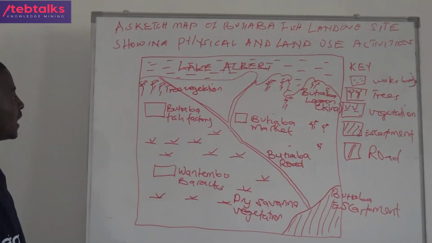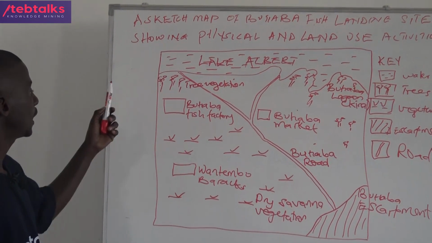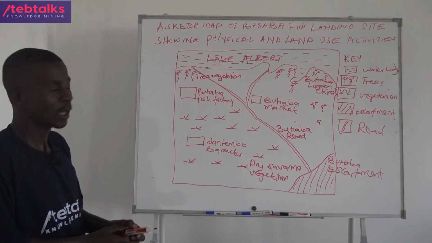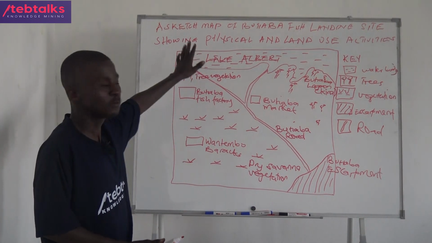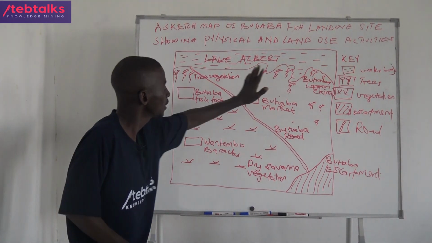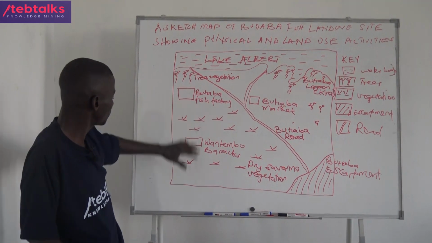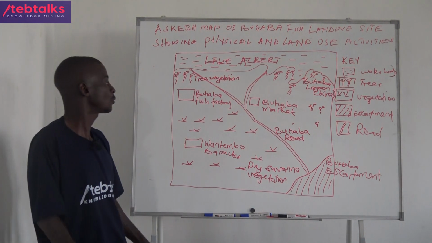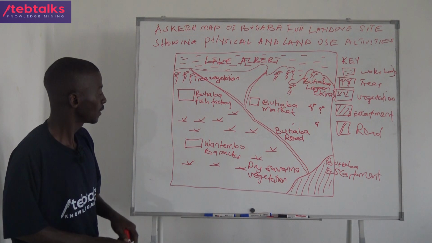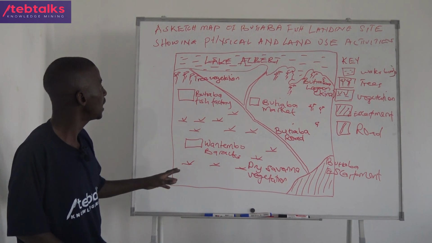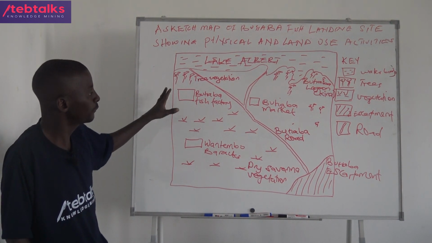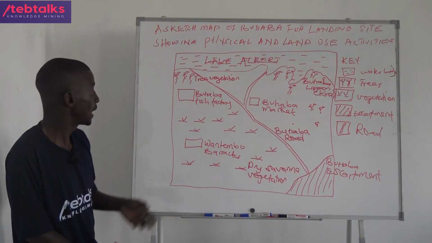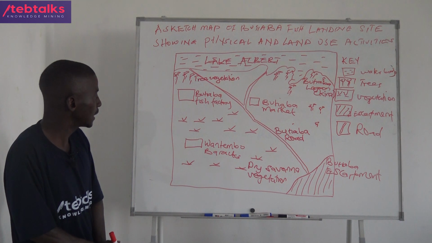So, any sketch map should be like that, should have those 3 items. No matter where you put your lake, sometimes the lake is put this side, the escarpment the other side, but others put the escarpment this side, then the other side is where the water body is. What matters very much is, do I have the 3 physical features? Yes. Do I have the 3 land use activities? Yes.